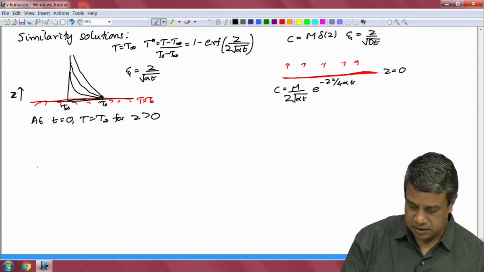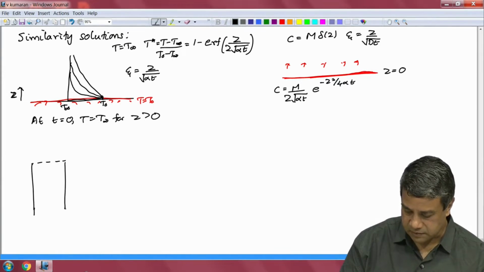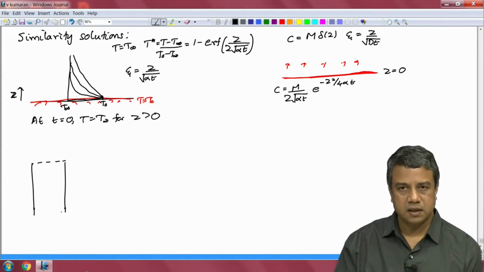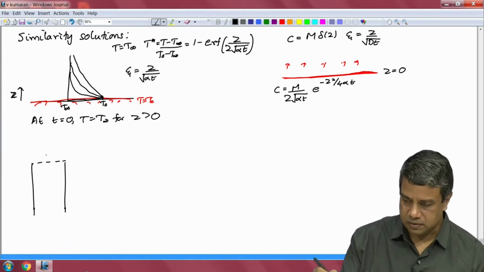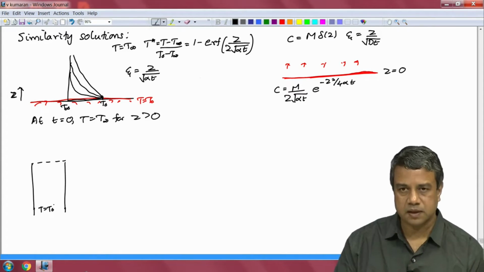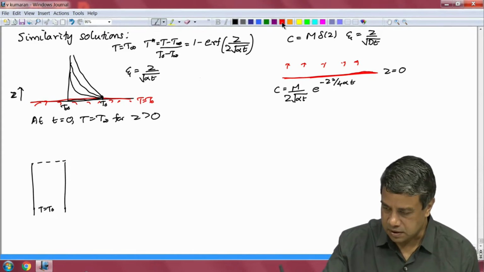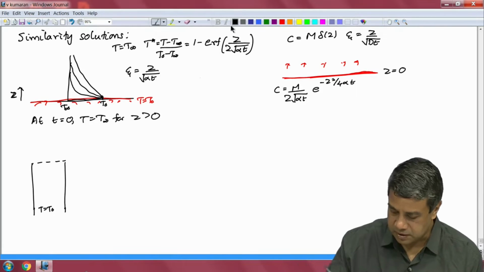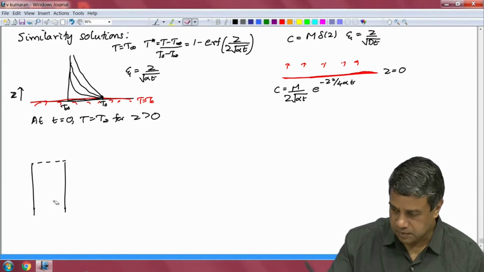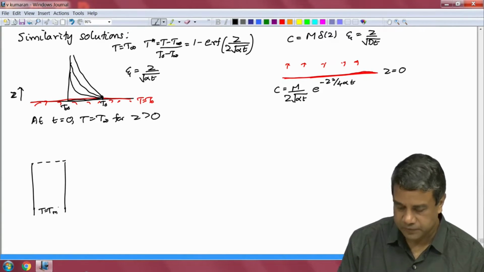Let us say that I have some block that is melting as a function of time. Let us assume that the block temperature is maintained at the melting temperature, T equal to Tm.